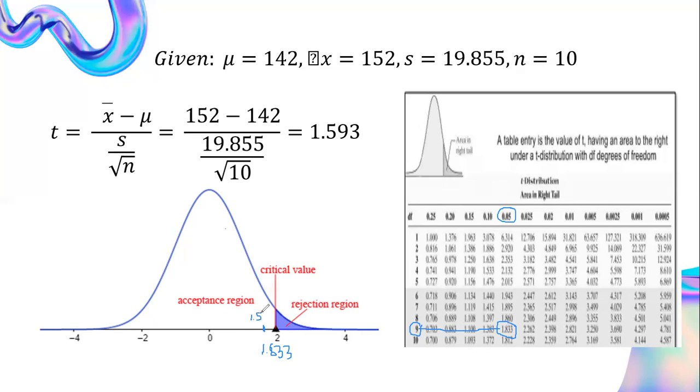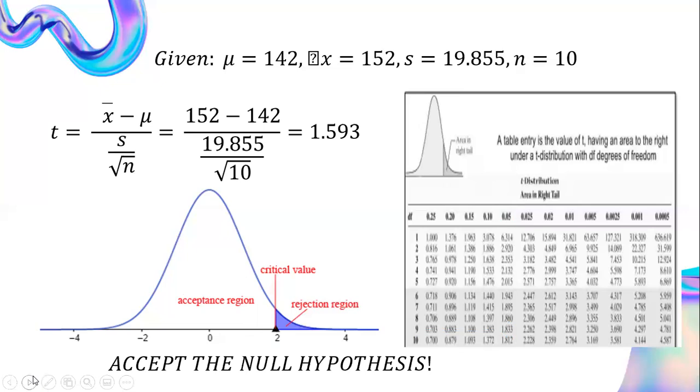So that means your test statistic falls on the acceptance region. So which one will you accept? Of course, your alternative, no, sorry. It's the null hypothesis, meaning you need to accept your null hypothesis, whatever it is. Okay?